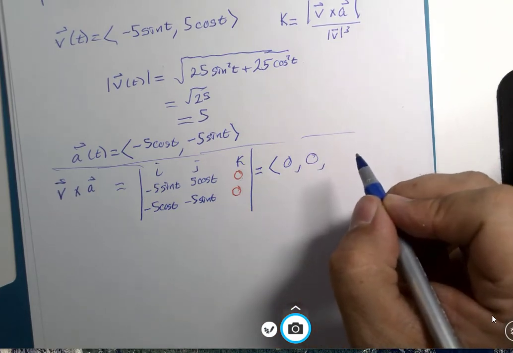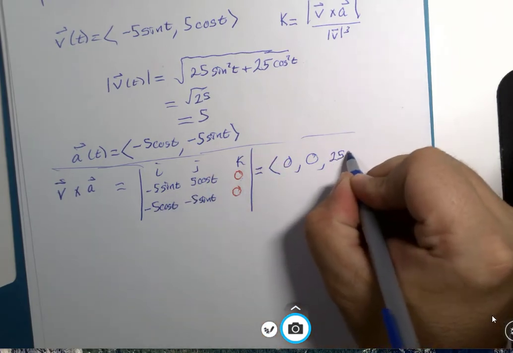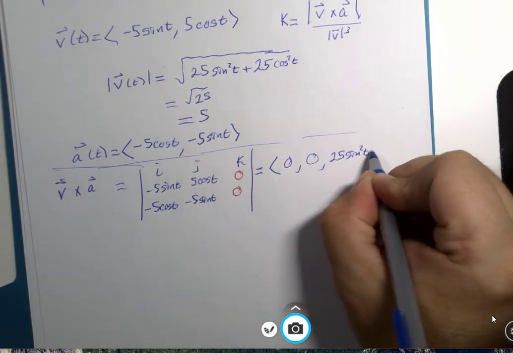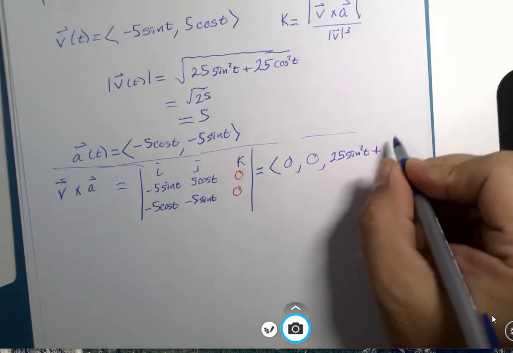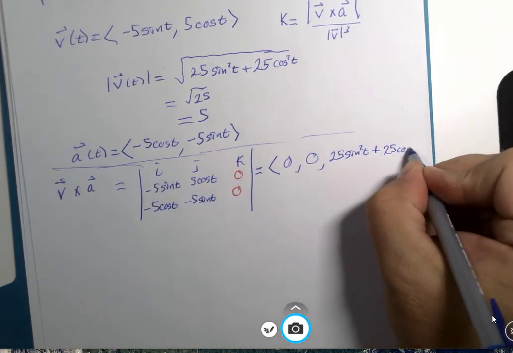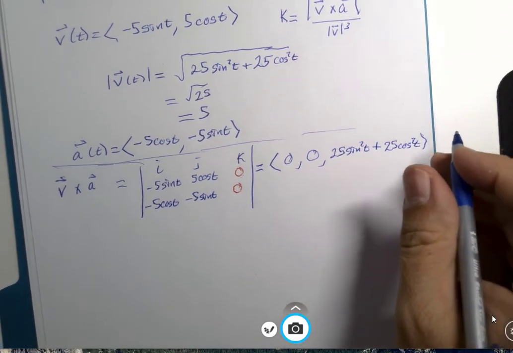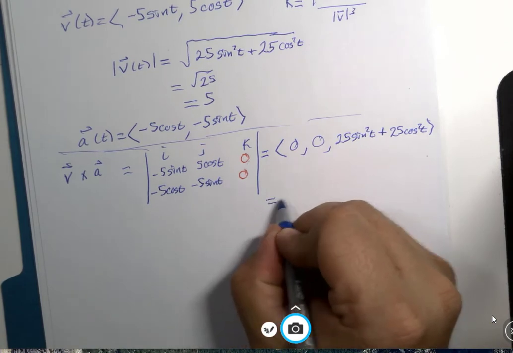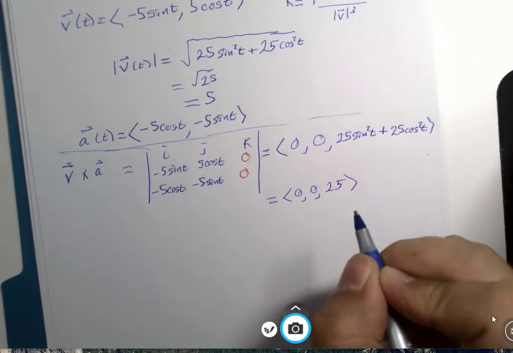You only have a value in the k component. You're going to get 25 sine squared t minus a -25, which would be like adding, cosine squared t. And the last time I checked, that's equal to 0, 0, 25.